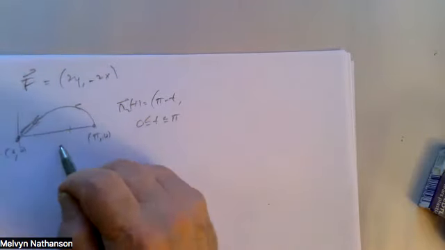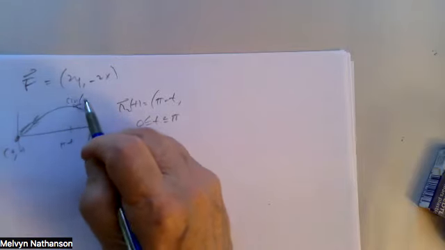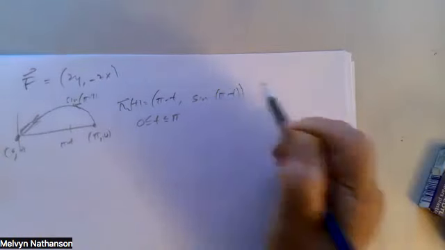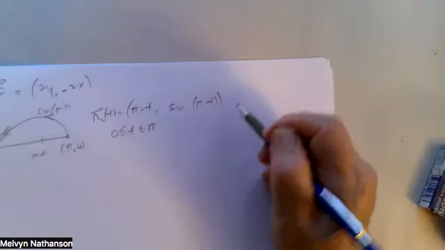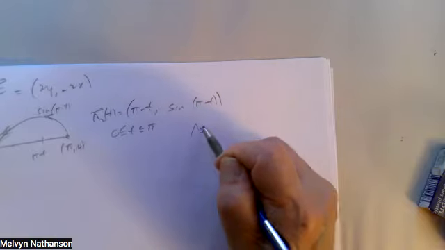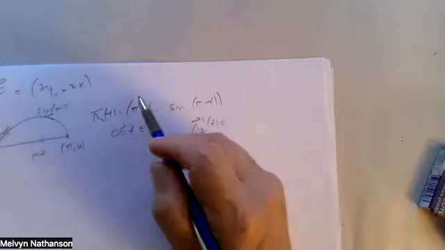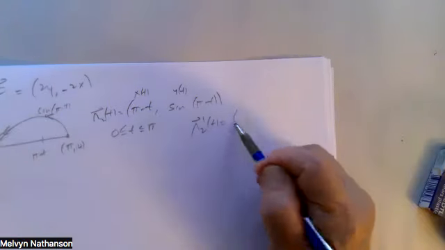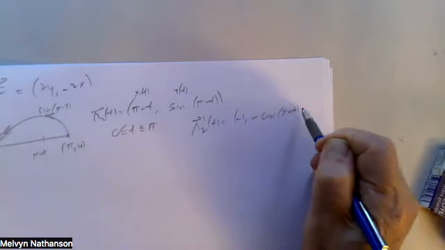And for any given point pi minus t, the y coordinate is the sine of pi minus t. So if that's R2 of t, then the derivative R2 prime of t, where this is my x of t and this is my y of t, if I differentiate these with respect to t, I get minus 1 and minus the cosine of pi minus t.